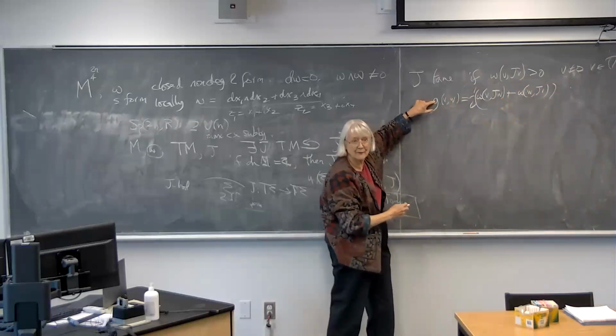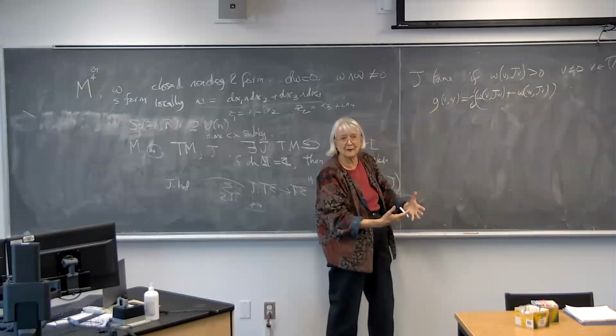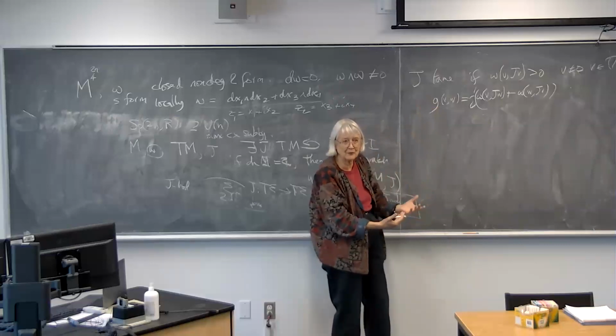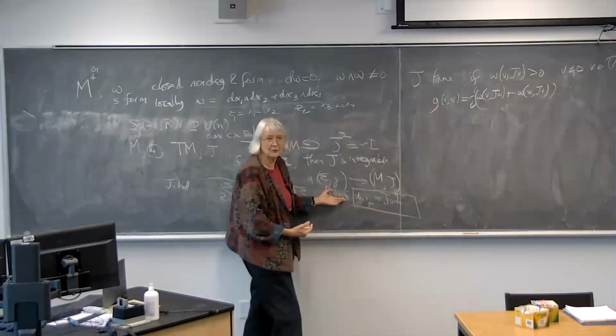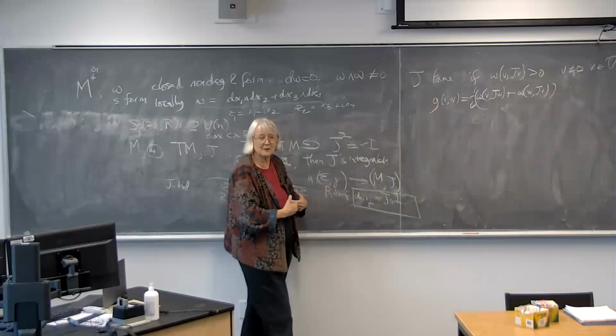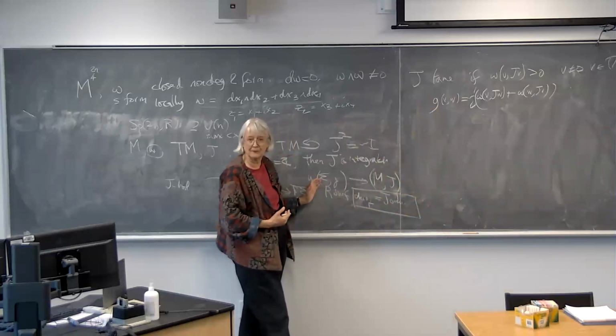So that means that you have a metric on your manifold, and that gives you compactness properties. That means that if you look at spaces of J holomorphic curves, they're not compact, but they have nice compactifications.